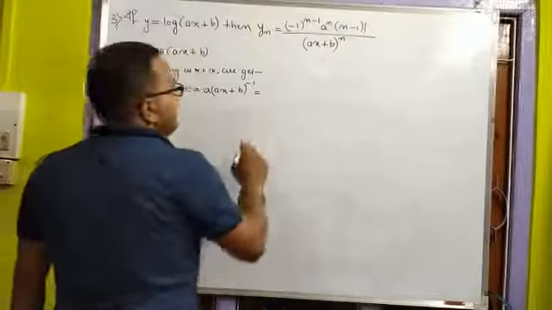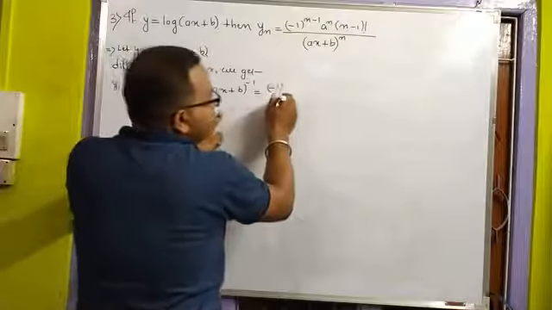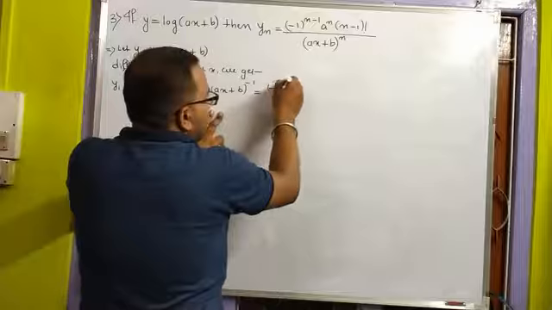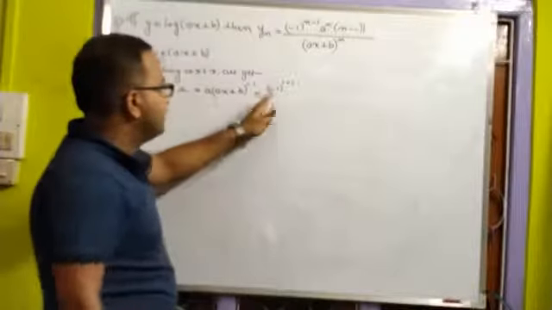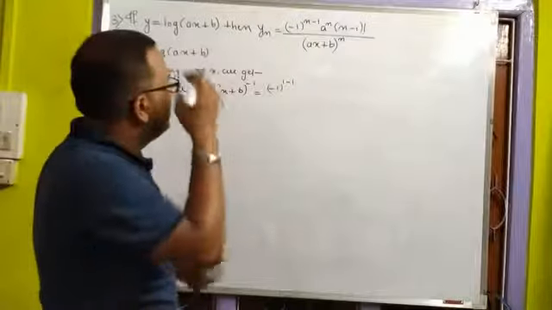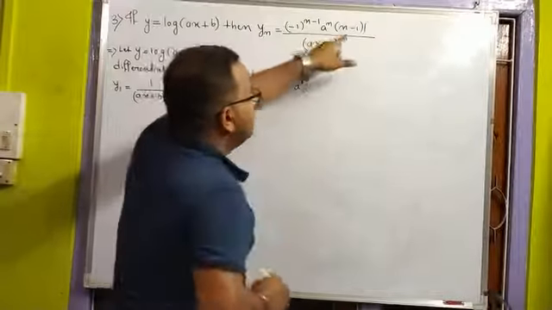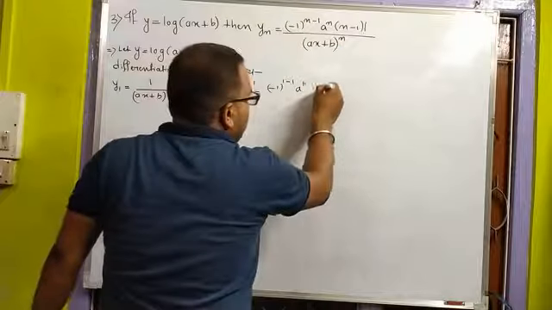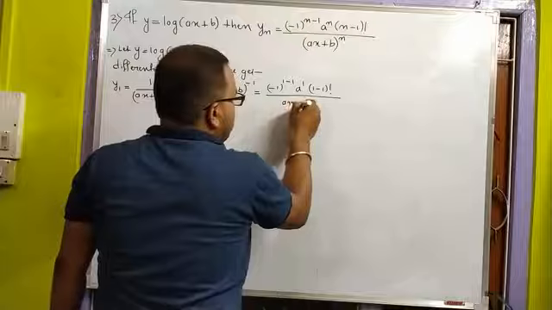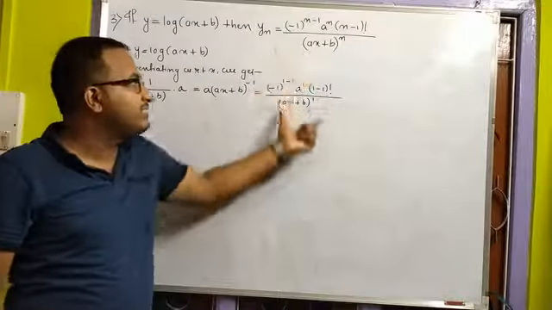Now you see, minus 1 is there, so I can write this as minus 1 to the power 1 minus 1. Minus 1 to the power 0 is 1, since anything to the power 0 is 1. Then a is there, so it will be a to the power 1. Then factorial, this will be written as 1 minus 1 factorial divided by ax plus b whole thing to the power 1. This is the way you can find the similarity.